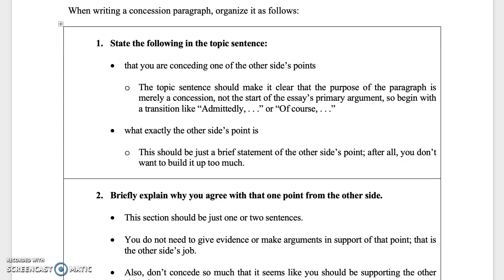Your goal is to make it clear that this is not your point, it's the other side's point, and you're just admitting or conceding the strength of that point. So that should just be a brief statement. After all, you don't want to build up the other side's point too much.